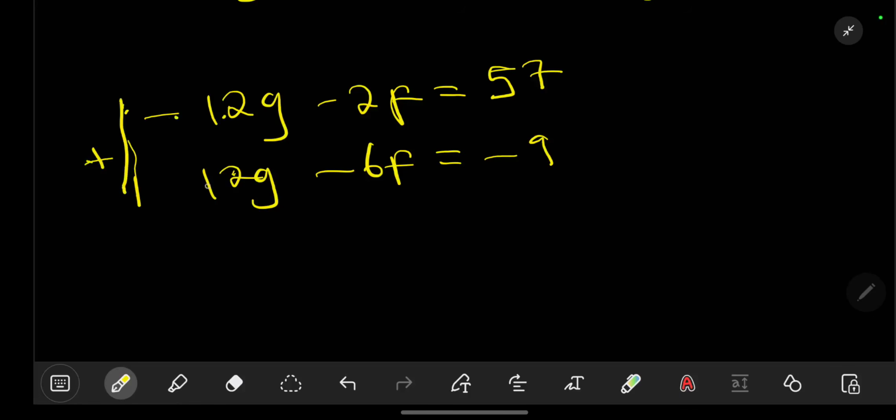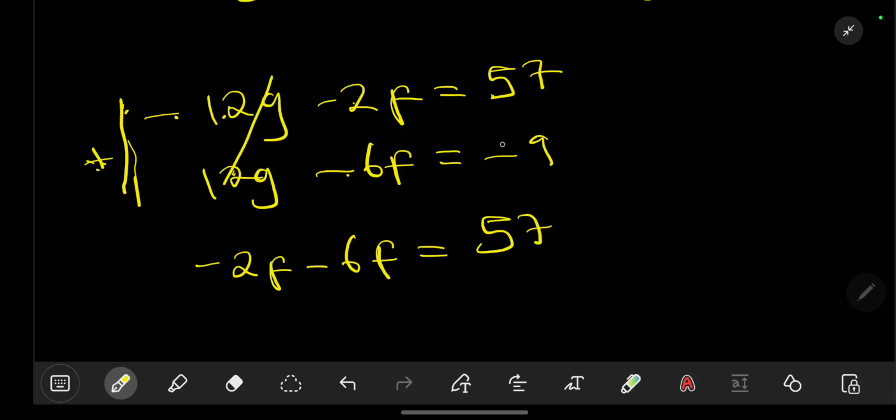Negative 12 plus 12 is 0. So this goes. Then negative 2 plus negative 6. It's negative 2f minus 6f, like that. Then we have 57 plus, but this is negative, so negative times positive, it's negative 9.